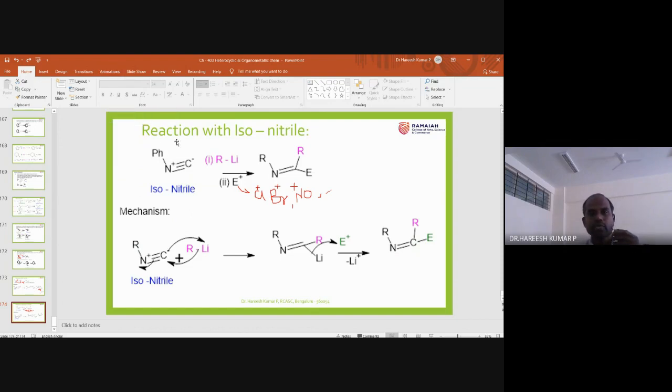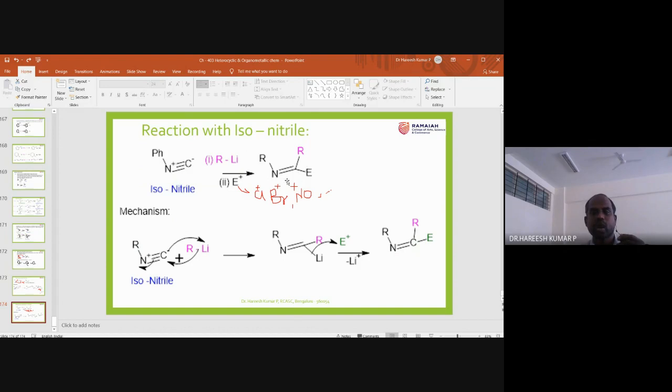So when isonitrile is treated with organolithium, and in the second step I am using an electrophile. The electrophile may be chlorine or bromine or NO plus. NO plus means nitrosyl cation. So there is a product formation like this.